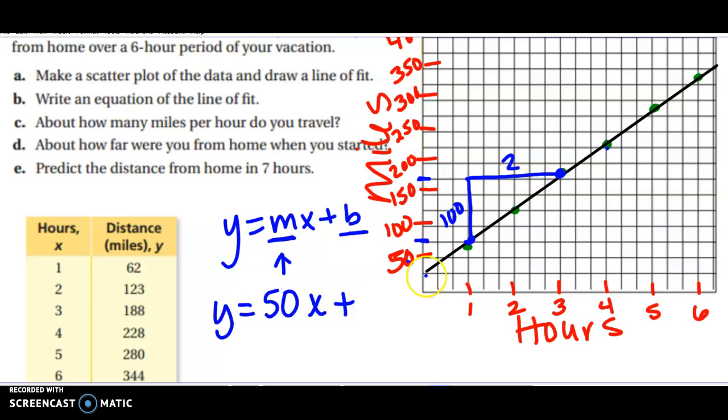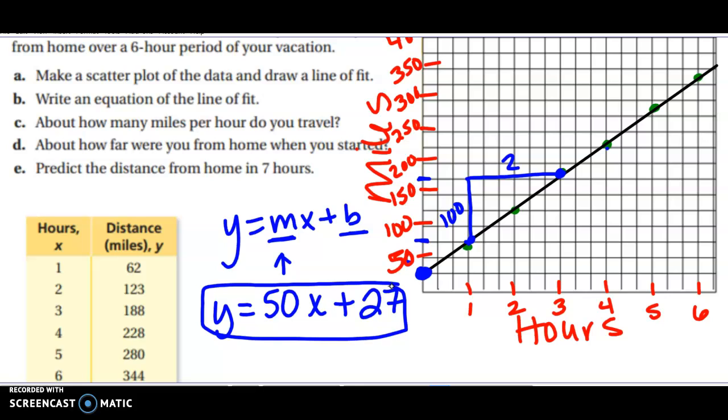Now b is where I start. So if I look at my y-intercept, it's about 20, let's say 27. My equation may not be exactly what the person next to me has, but that's okay. That's something that I can still work with, and it can be adjusted. Okay, so now it says about how many miles per hour do you travel?